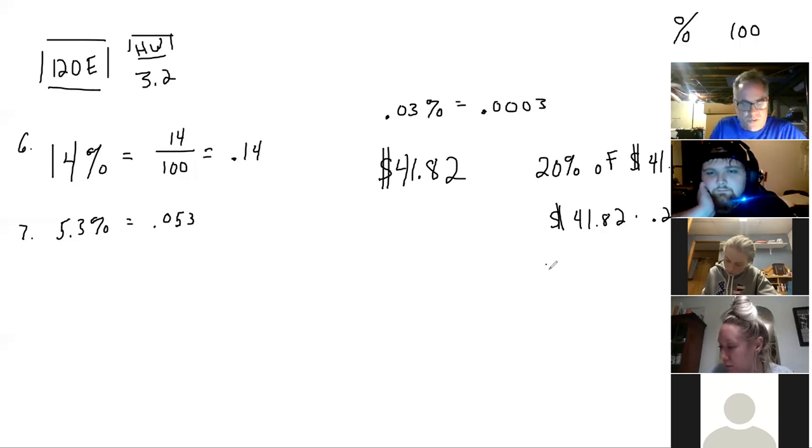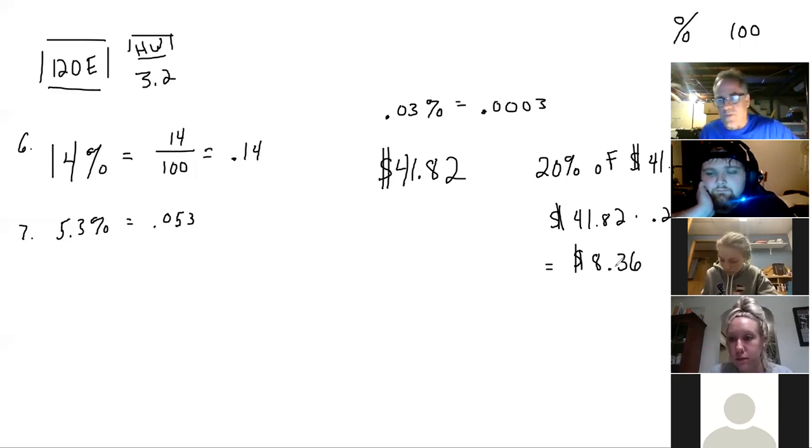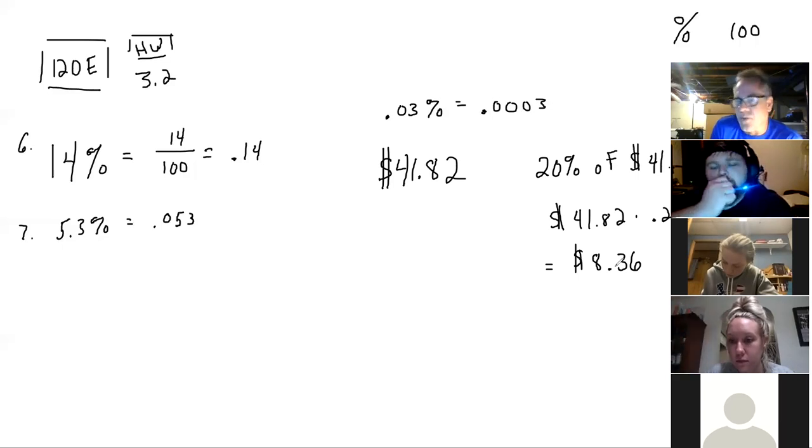That comes out to $8, and rounding down, it was 8.364. So now, what would I do? I would probably round it up to $9, an even number. But you could still write 8.36 right there on the receipt. But that's how you figure out the tip.